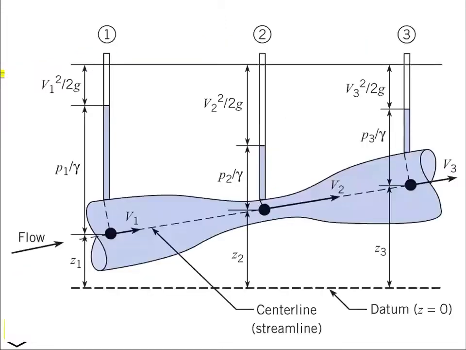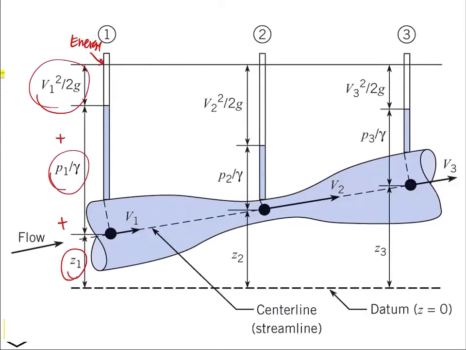So in this diagram here, we have 3 points. We have 1, 2, and 3. And what this is saying is that the total energy, so our elevation head, our piezometric head or our pressure head, and our velocity head, when you add these up, you end up with some energy, which is this line here.